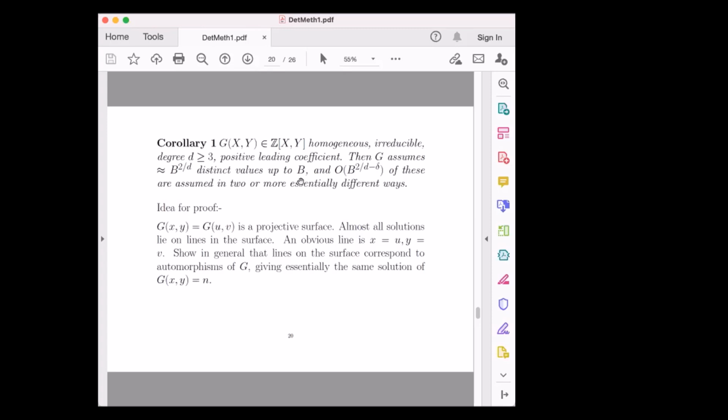That's in stark contrast with what happens with sums of 2 squares, where the degree d is 2. So here I've required d to be at least 3. But if you look at sums of 2 squares, the number of integers up to B that are sums of 2 squares is slightly smaller than B to the 1. It's of order B over square root log B. But almost all of those are sums of 2 squares in several different ways.